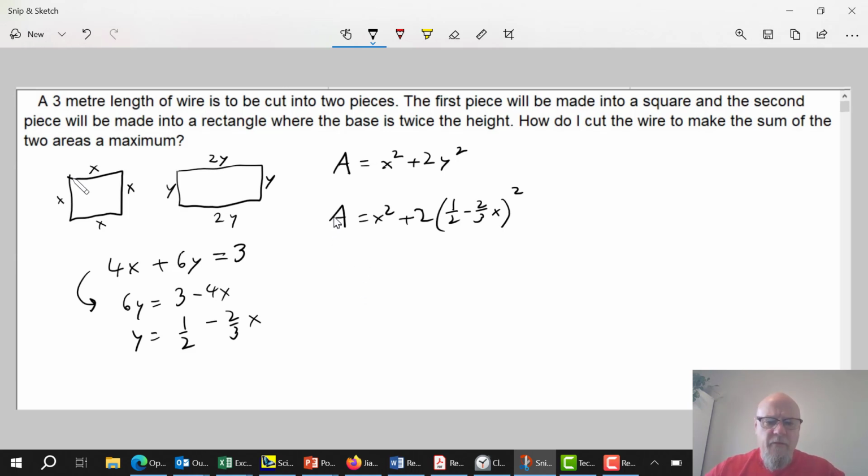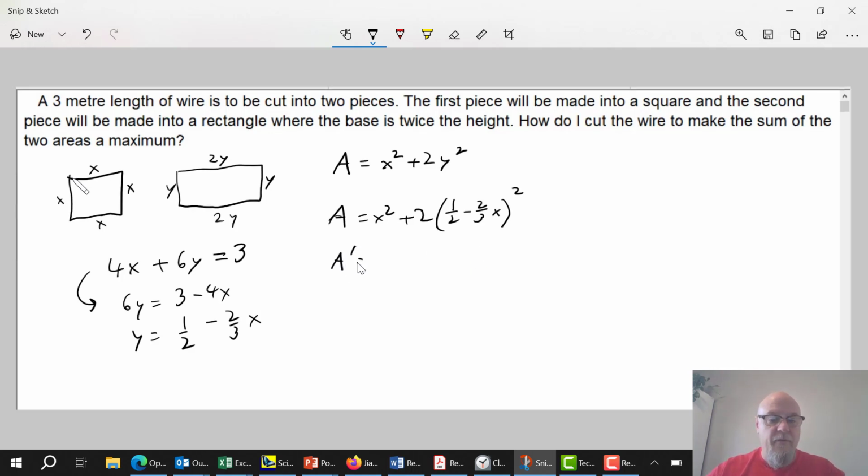I want an A prime here. I was thinking maybe I should multiply this bracket out and then differentiate, but I think it's safer to differentiate using the chain rule. Less chance of an error.